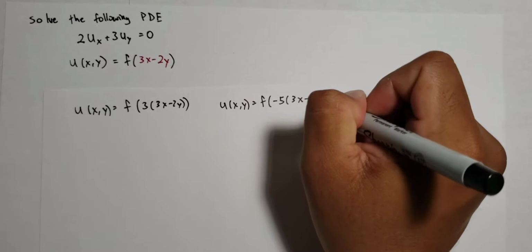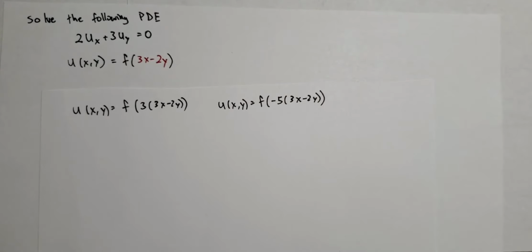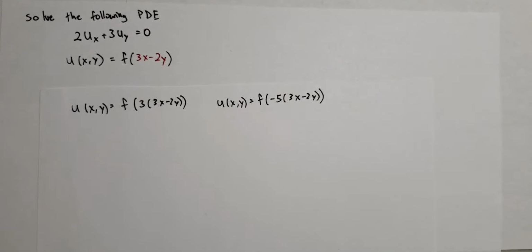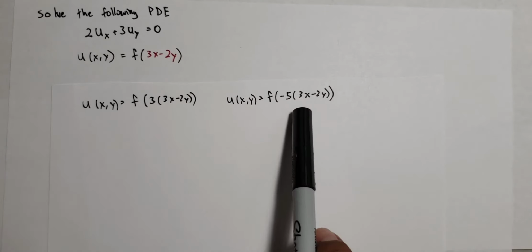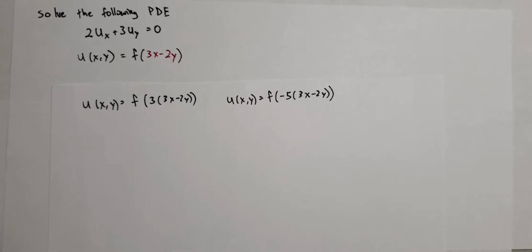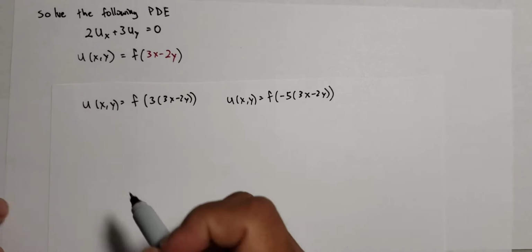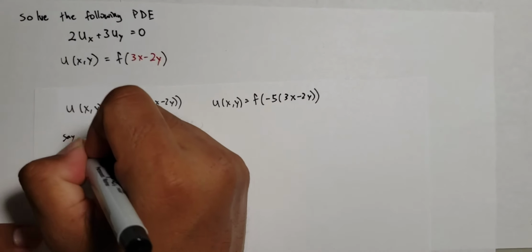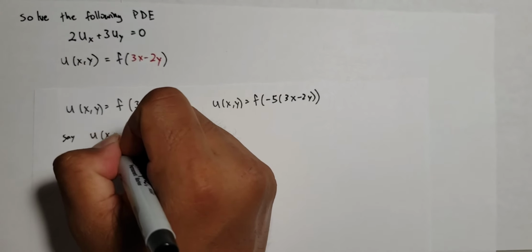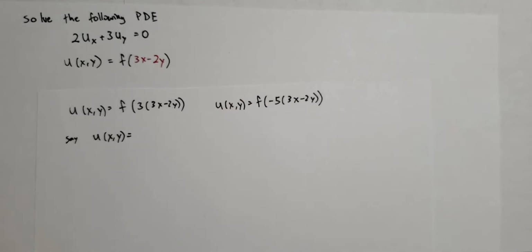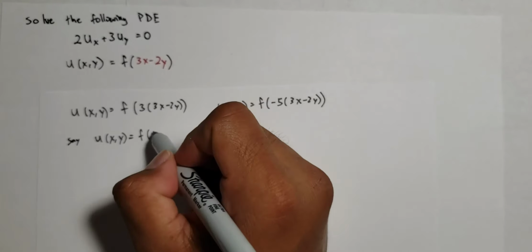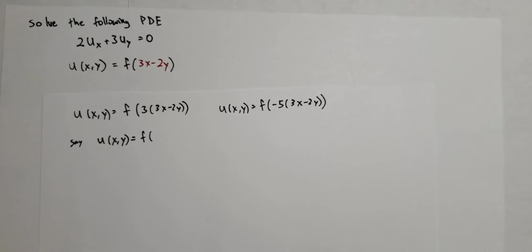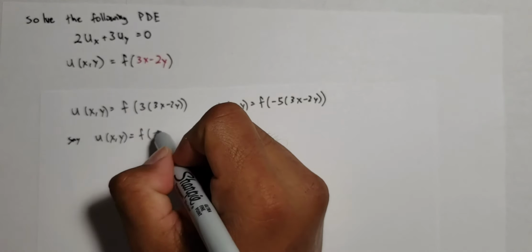You can verify that. We could verify that right now. So for example, if we take this one here to be our solution and we use the sine function, let's say our solution is u of x, y equals f of negative 15x plus 10y.